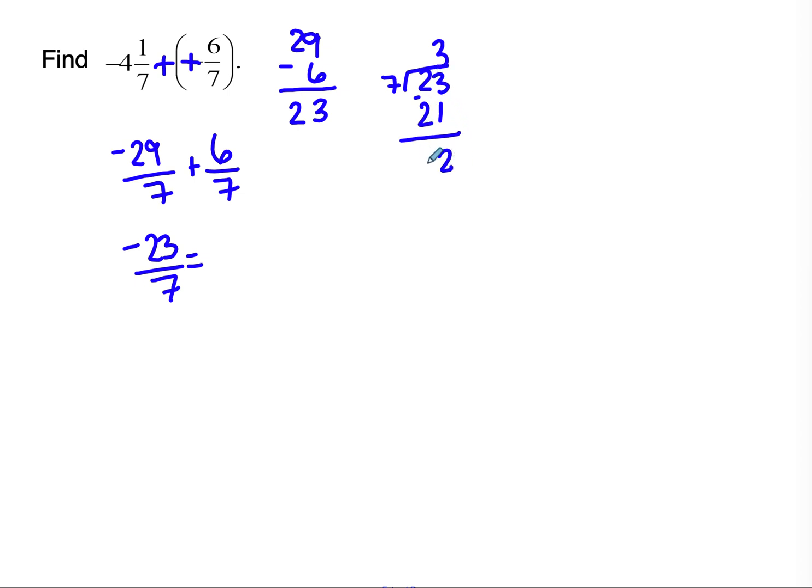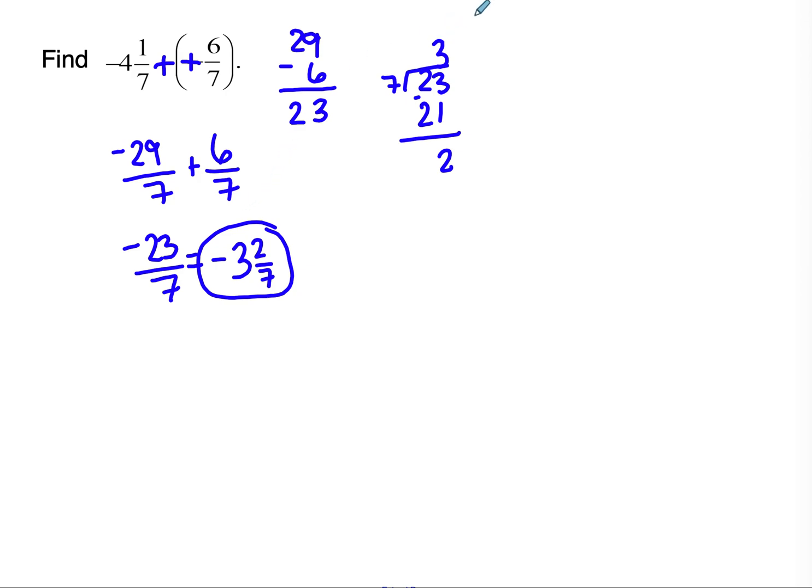So I have 3 2/7. Answer is negative here, so it's really -3 2/7. So that's one way to do it.